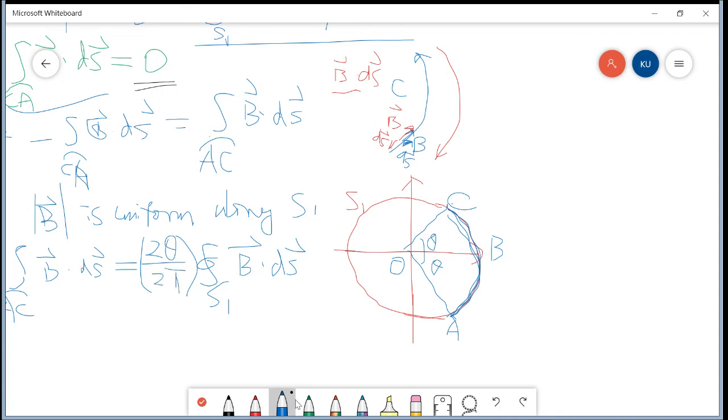So we go for 2 pi around the whole circle, but from A to C, we only go for 2 theta. So actually the 2 and 2 can be cancelled.